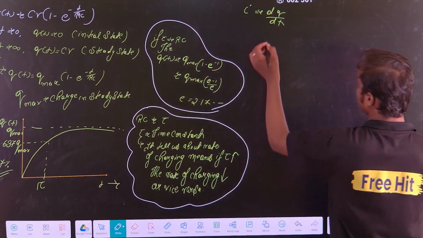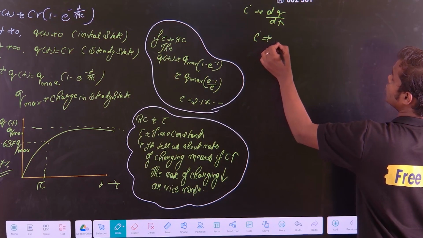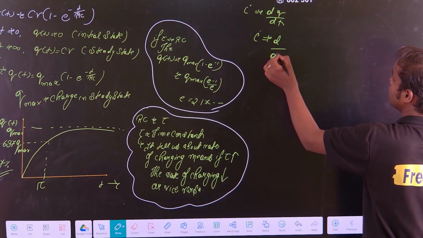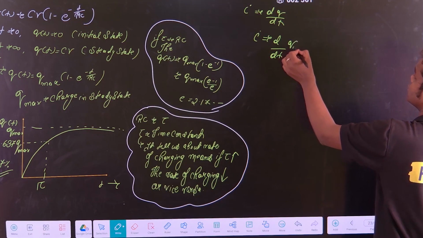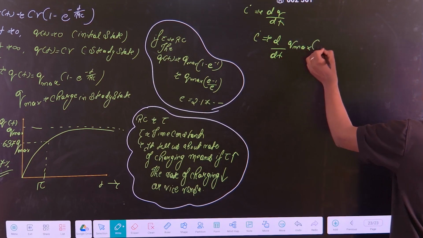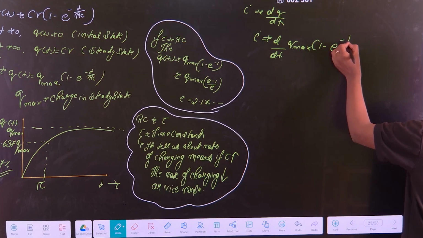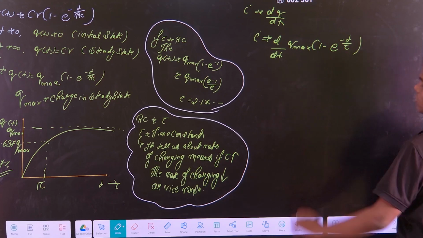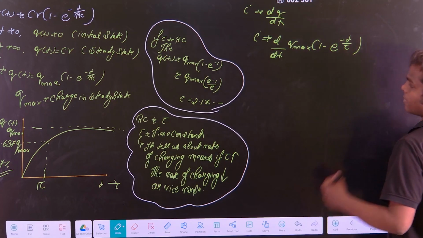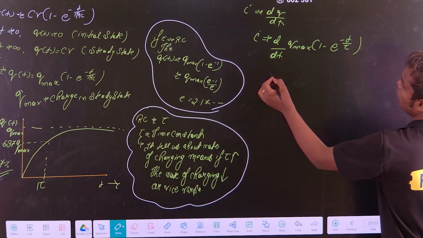Clear? If you differentiate, I is equal to d/dt of, what is this, sir? This is q max, 1 minus e to the power minus t by tau. Okay, t by tau. So if you differentiate this thing, what is the value you will get?